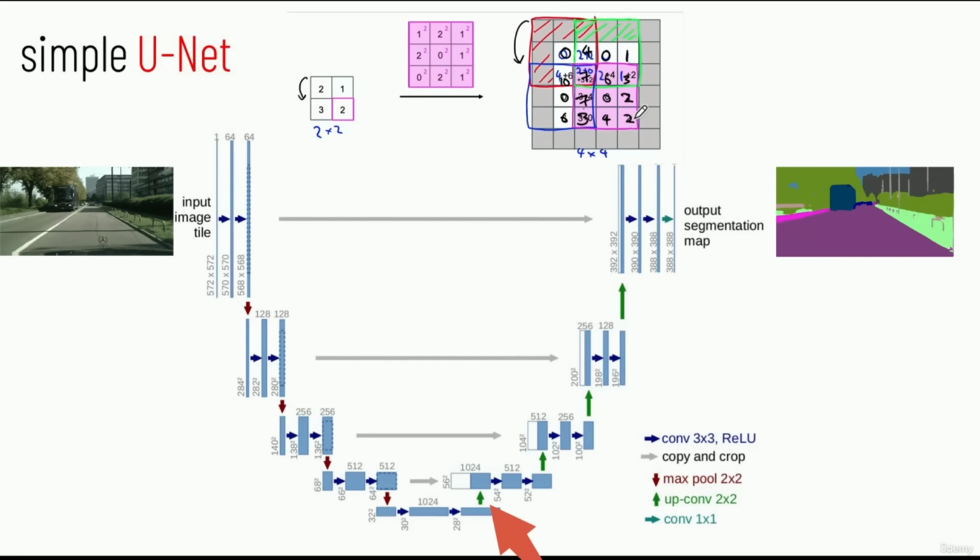Here we will use a special layer, which is the transpose convolution layer. Previously we said that the width and height of the output from any convolutional layer is smaller than the width and height of the input to the convolutional layer. Here in the transpose convolutional layer, the width and height of the output will be larger than the width and height of the input.